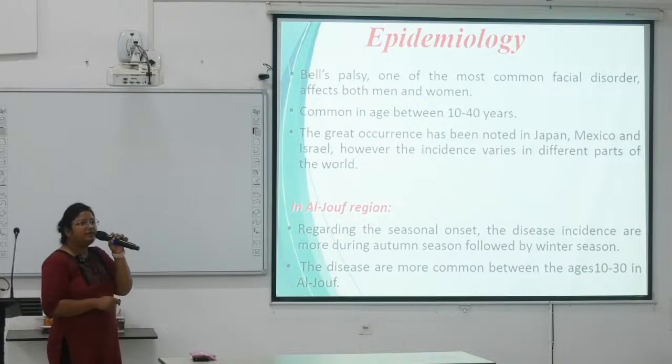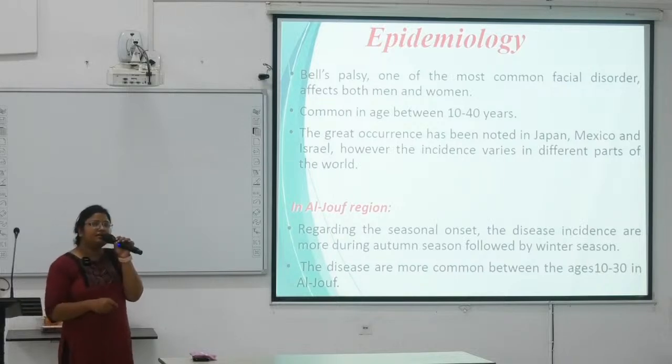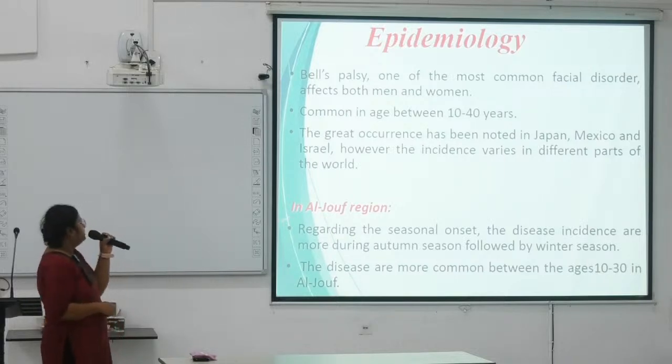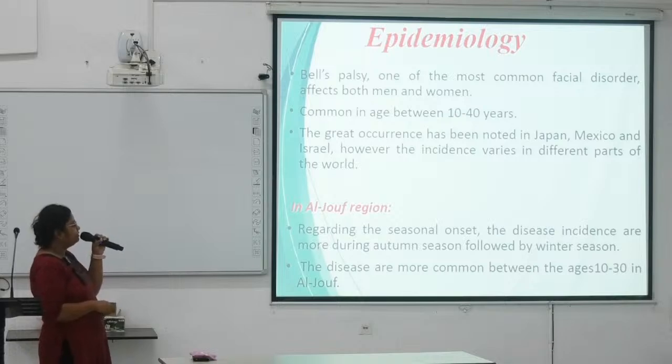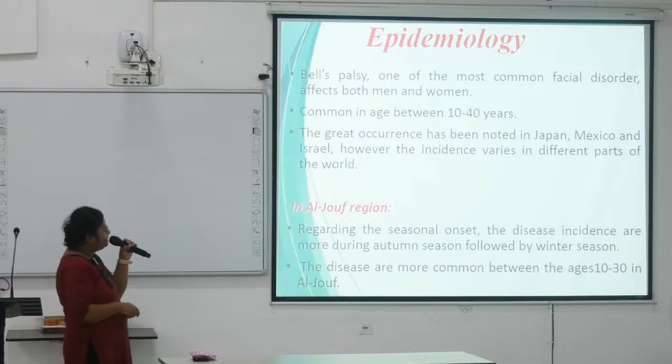Also very frequent in India nowadays. Okay, regarding the seasonal onset, the incidence is higher during the autumn season, followed by the winter season. And this disease is more common between the ages of 10 to 30 years. Okay, this age group is mainly affected.